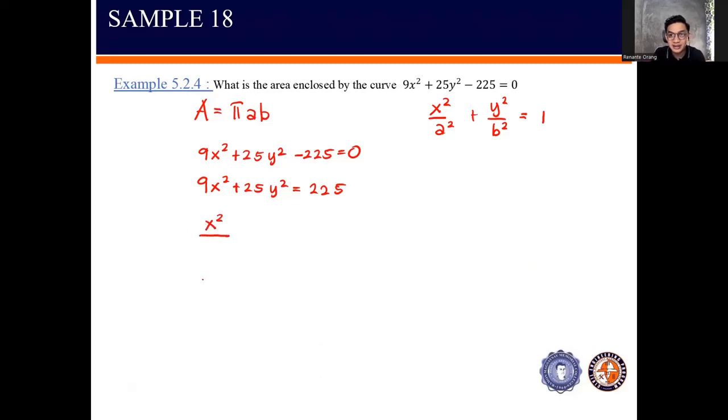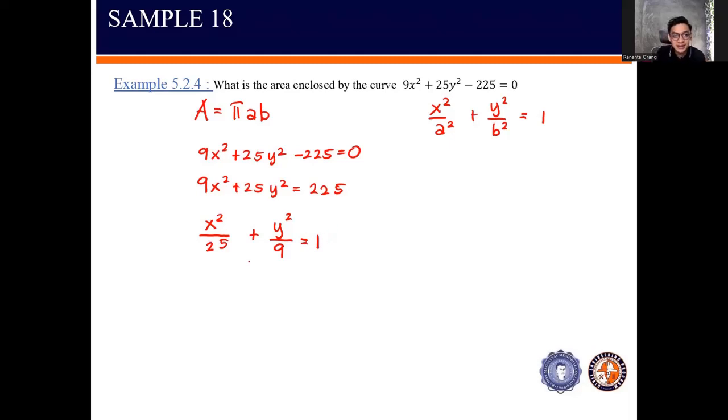What is the result? 9 divided by 225 is 1 over 25, so x squared over 25. How about 25 divided by 225? That is equivalent to 9, so y squared over 9, equal to 1, since 225 divided by 225 is 1.